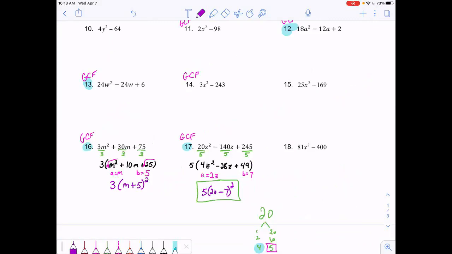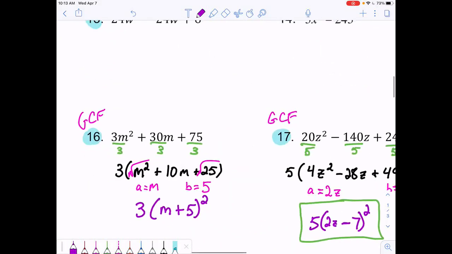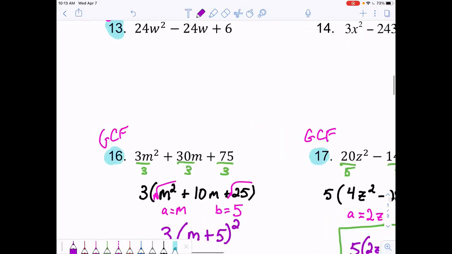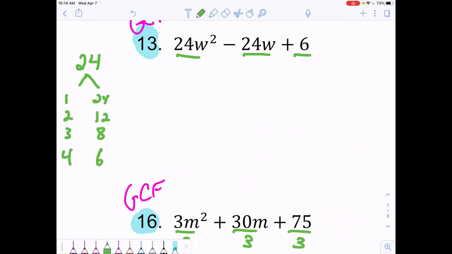13? Absolutely. So 13's another one that's like 17 because there's a lot of factors we could look at in getting that GCF. So if we just make a little factor tree on the side, 1 and 24, 2 and 12, 3 and 8, 4 and 6.